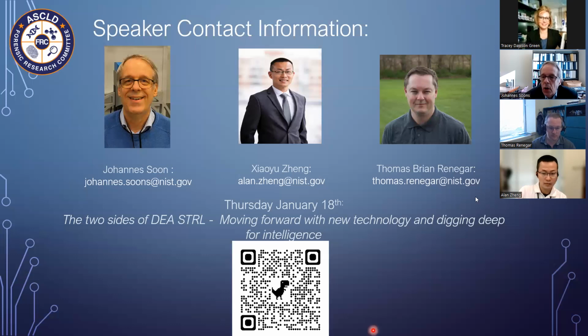I think the key to AI will be transparency. For example, in the databases that are being used, as Alan described, but also transparency in how it derives its result. So basically, explainable AI will be very important for applications such as firearm and toolmark identification.